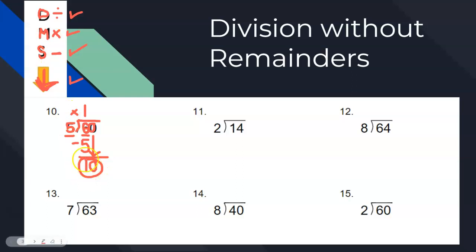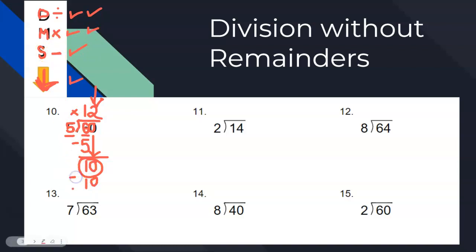So 10 divided by 5. That's the same thing as thinking of 5 times what equals 10? 2. Check. We have the division part complete. Multiply. So we take our number that we just had here, multiply that by 5. 2 times 5, 10. Check.